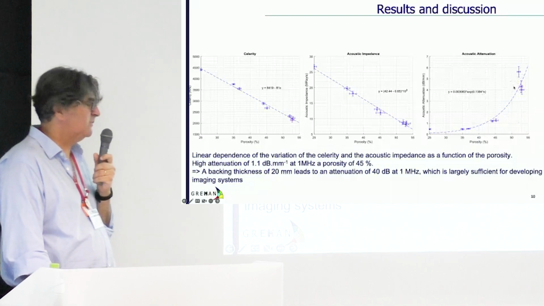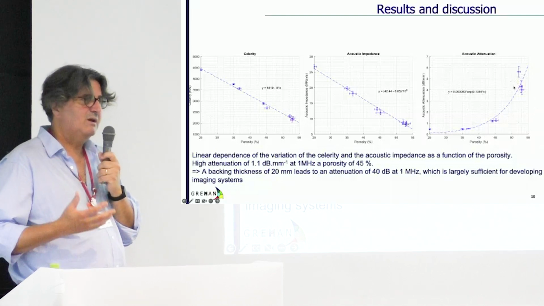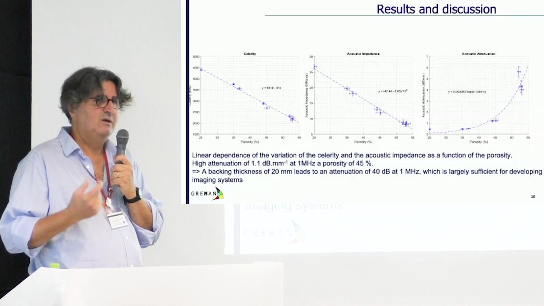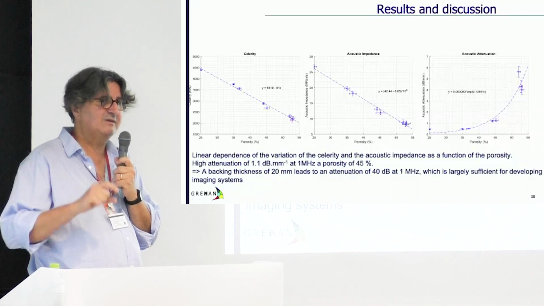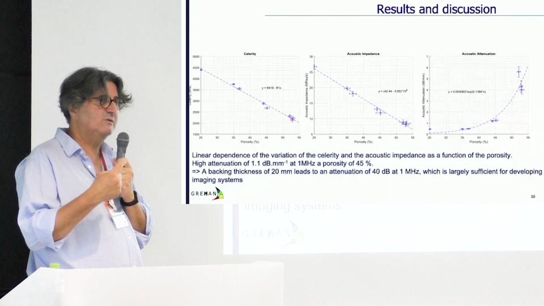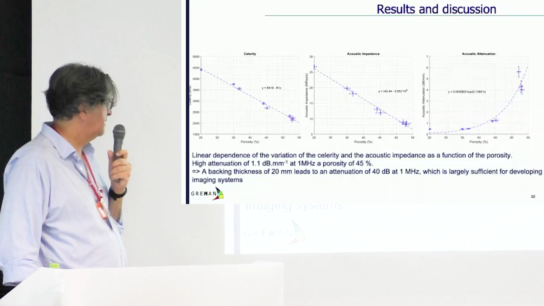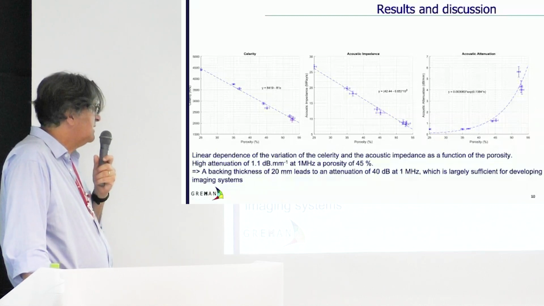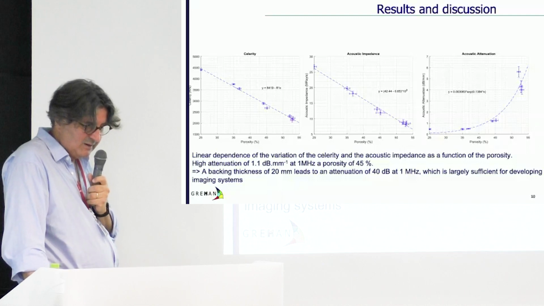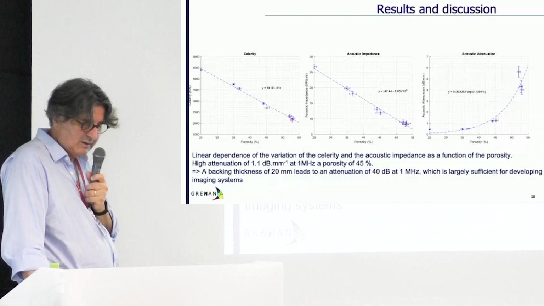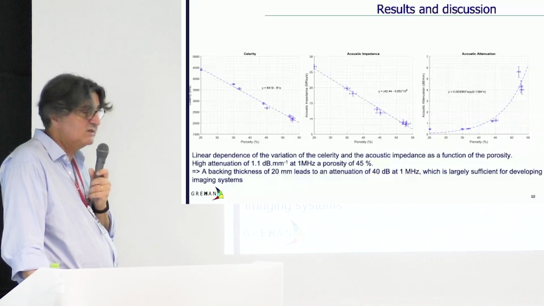This criterion is very important because, in terms of technology, you will use a finite thickness backing material and you want to avoid round-trip echoes. A backing of 20 millimeters leads to an attenuation of 40 dB at 1 megahertz, which is largely sufficient for developing imaging systems.